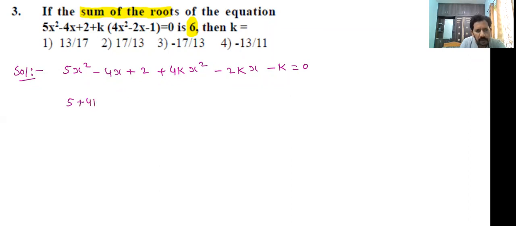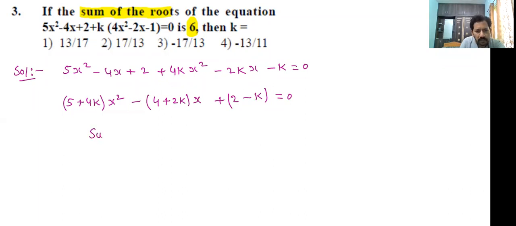We get (5 plus 4k) into x square. I have taken x square common. Next, take minus x common. Minus (4 plus 2k) into x. I have taken minus x common. Remaining constant term 2 minus k is equal to 0.